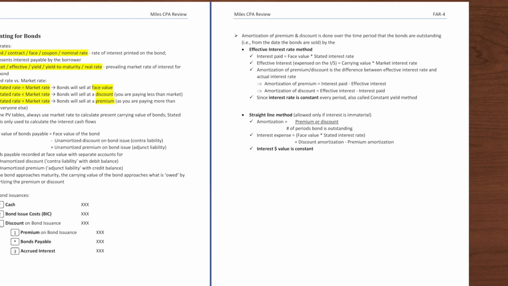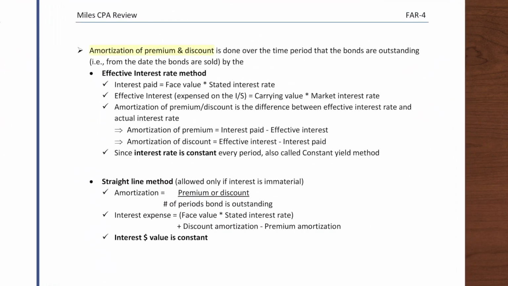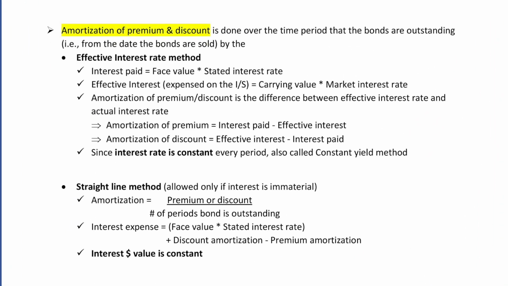Come back to page 9 and highlight amortization of premium and discount. Highlight effective interest rate method. Number 1, use stated rate to calculate interest payments.